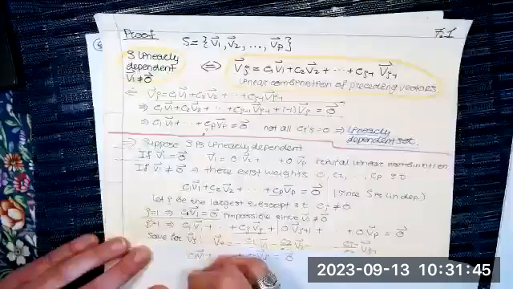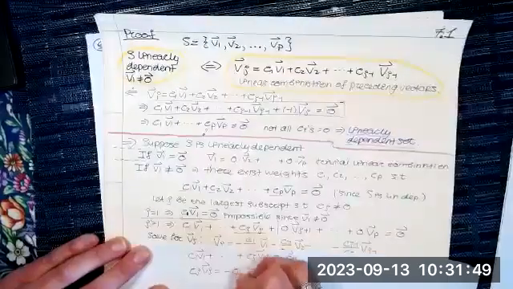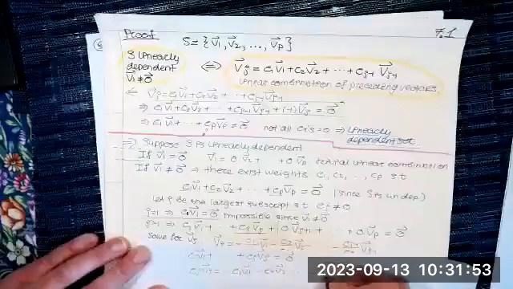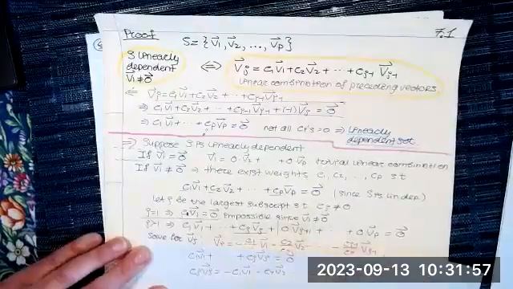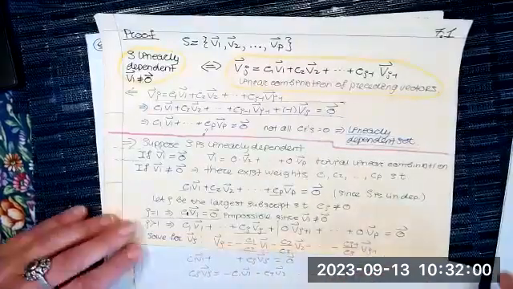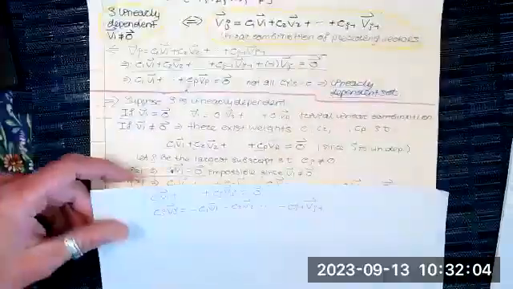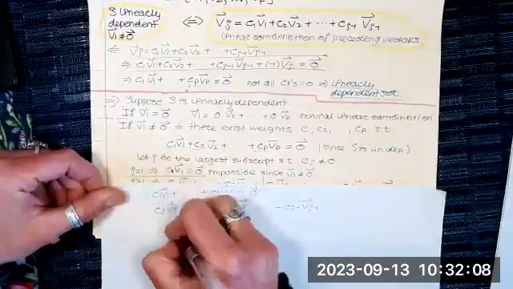So if I solve for Cj Vj, I will have minus C1 V1, minus C2 V2, all the way to minus Cj-1 Vj-1. And since by construction, I know that Cj is not equal to 0, I'm just dividing everything by Cj.